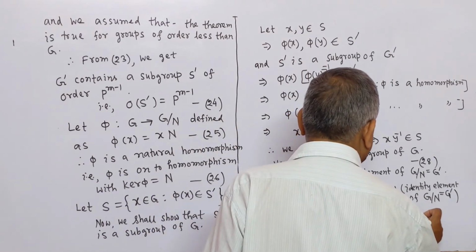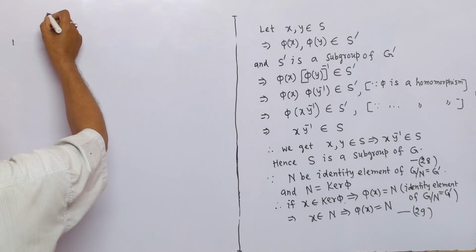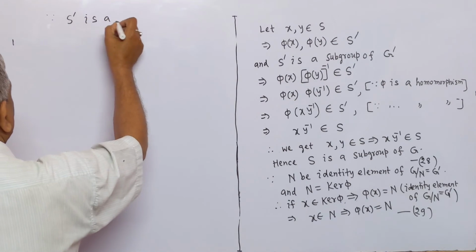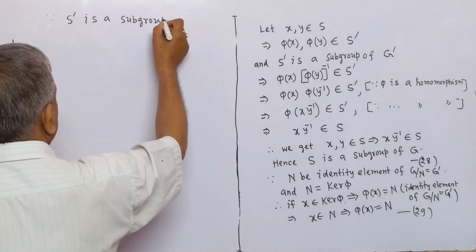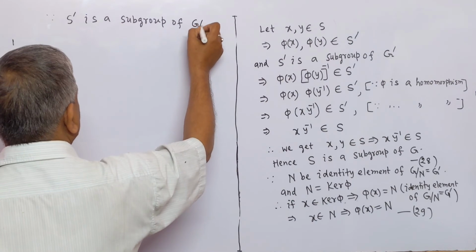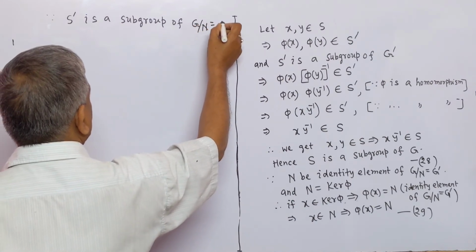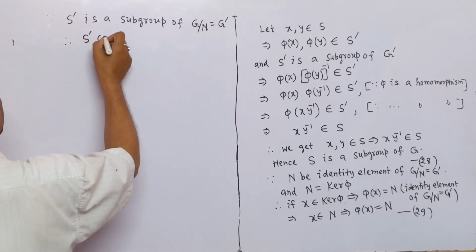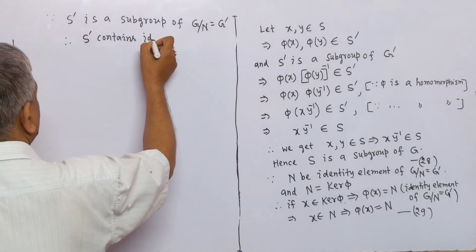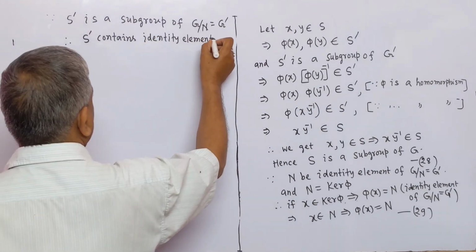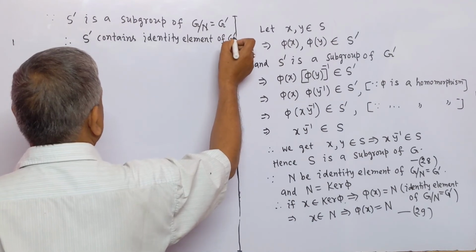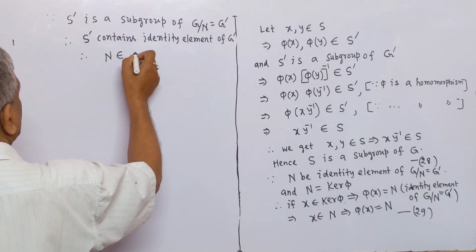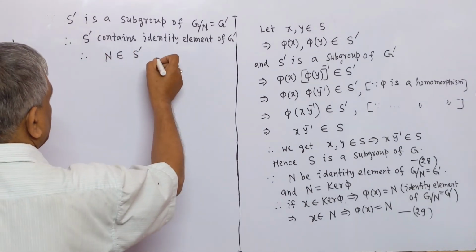This is number 29. Since S prime is a subgroup of quotient group G by N, that is G prime, therefore S prime contains identity element of G prime. Therefore, N belongs to S prime. This is 30.